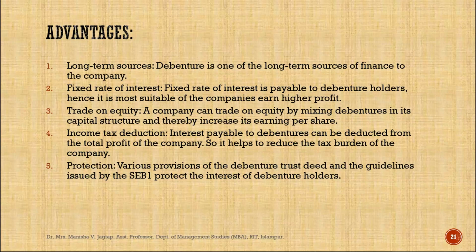Since debentures are a form of debt, the equity of the company remains unchanged. When the company applies the trade on equity concept, cost of capital will reduce and the value of the company will increase.